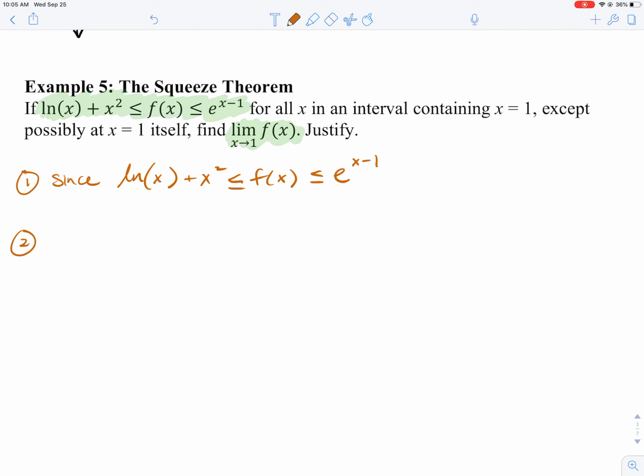And you can either write that separately, or if you want to show taking the limit of each piece of the inequality, that can work too. But you need to first make sure you're stating the relationship between the three functions.